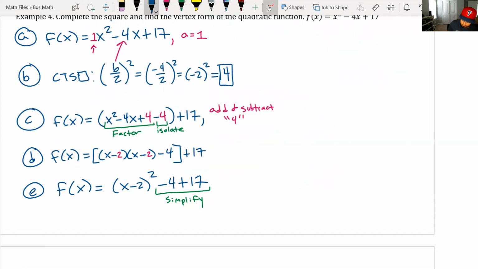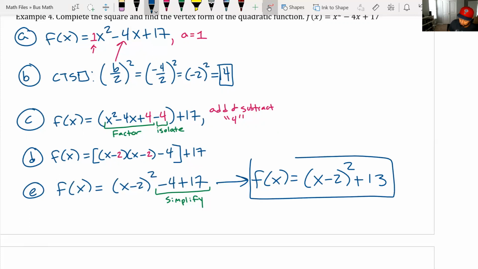F. I'll say our final answer is f of x equals x minus 2 squared minus, actually not minus, -4 plus 17 is a positive 13. And there is our vertex form by, once again, completing the square on a function.